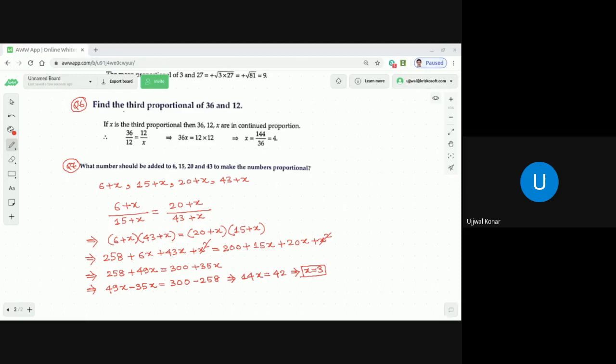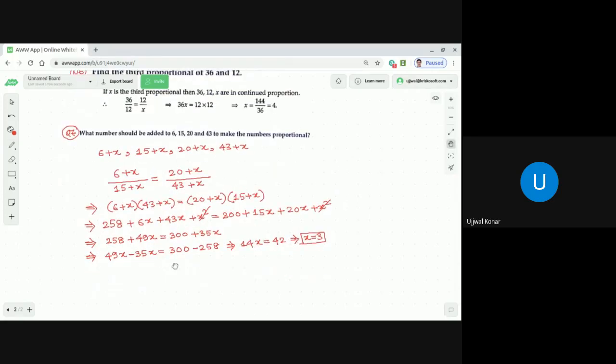So 3 is the number we should add with each of these four quantities, that is 6, 15, 20 and 43, so that the resultant numbers will now become proportional. If this question comes in the exam, how can you verify?